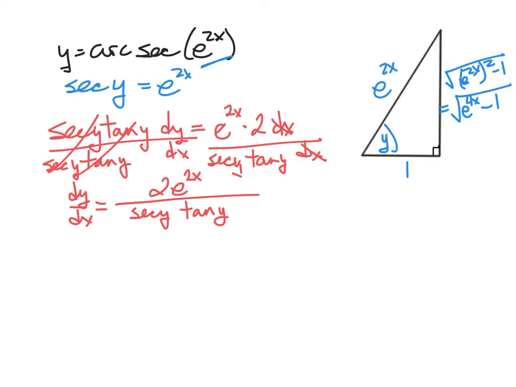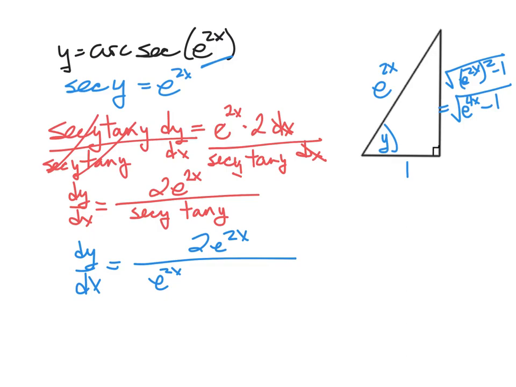Last step is to go back to our triangle, change all those trig functions to rewrite them in terms of x. So we'll have dy dx is equal to 2e to the 2x in the numerator. In the denominator, our secant is e to the 2x over 1, so e to the 2x.